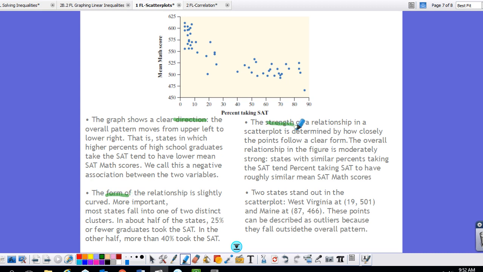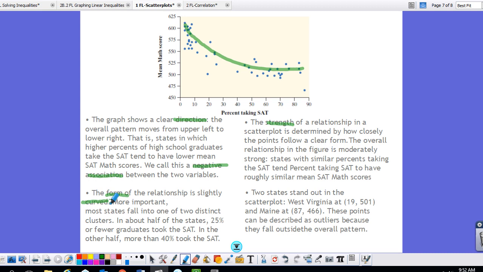For direction, it talks about the pattern moving from upper left to lower right. Ultimately, it's a negative association, which you could associate as heading downward, like a negative slope, but they also tie in the context piece. For form, we see a little bit of a curve in the data. It looks a little bit like exponential or something along those lines, and we also have our context in there.